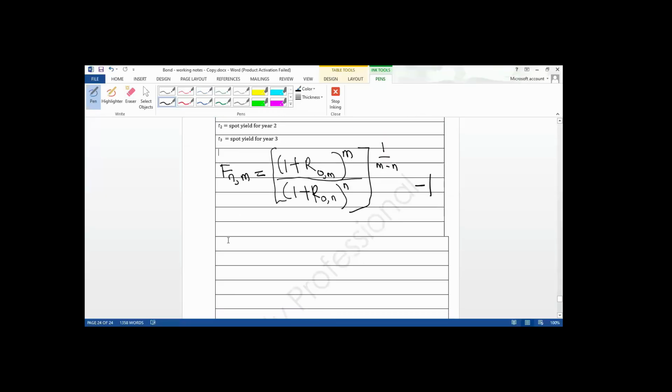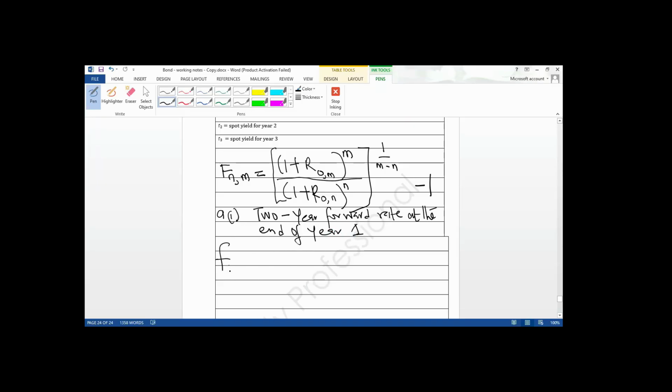Now, the examiner says, the first requirement, requirement A1: 2-year forward rates at the end of year 1. To convert this to mathematics, it becomes F at the end of year 1.